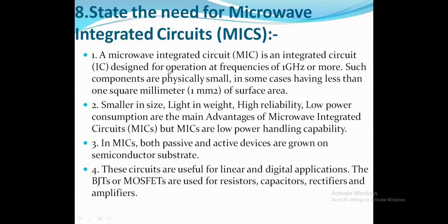Small size, light weight, high reliability and low power consumption are the main advantages of microwave integrated circuits, but MICs have low power handling capability. Both passive and active devices are grown on semiconductor substrates. These MICs are used in linear and digital applications also.